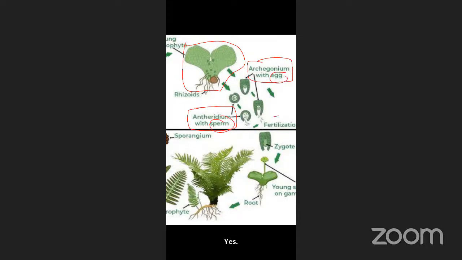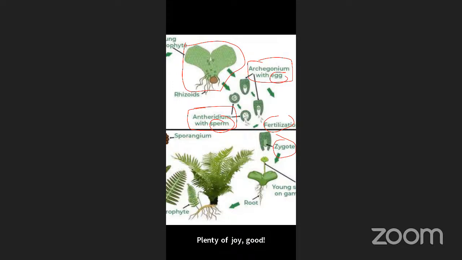After fertilization, what happens? Zygote develops. What is the ploidy of the zygote?